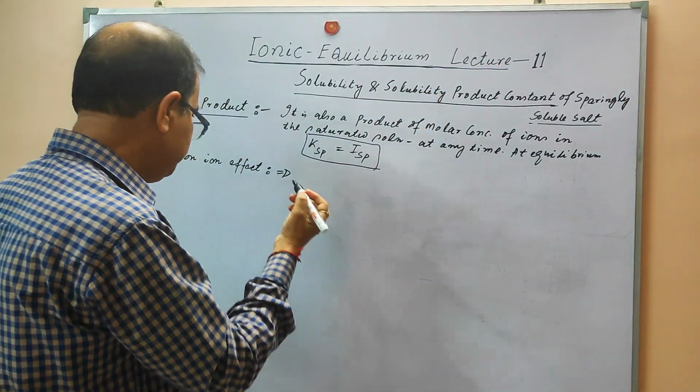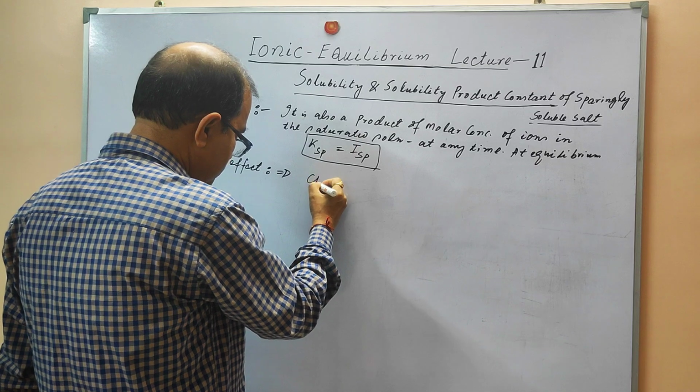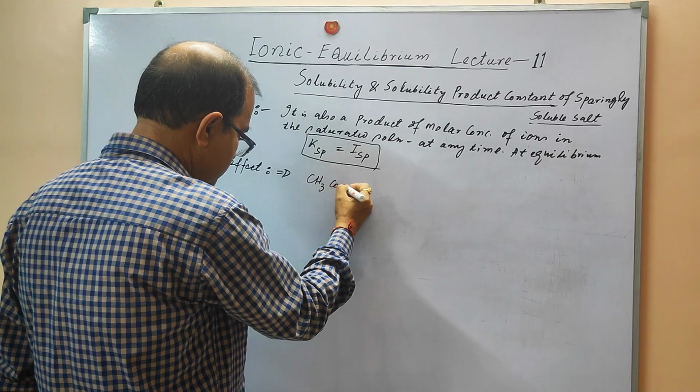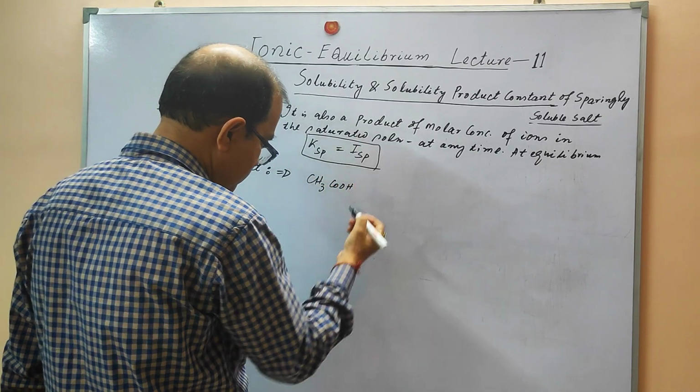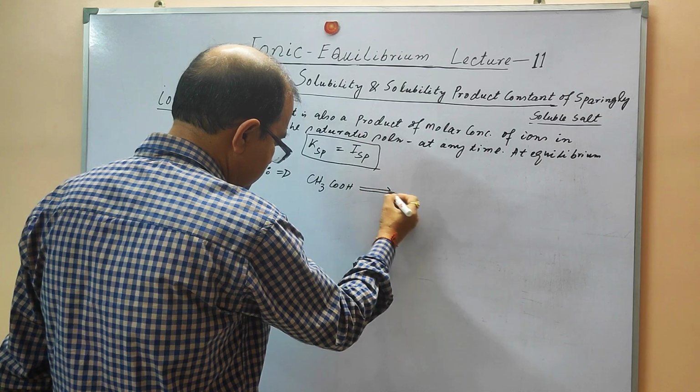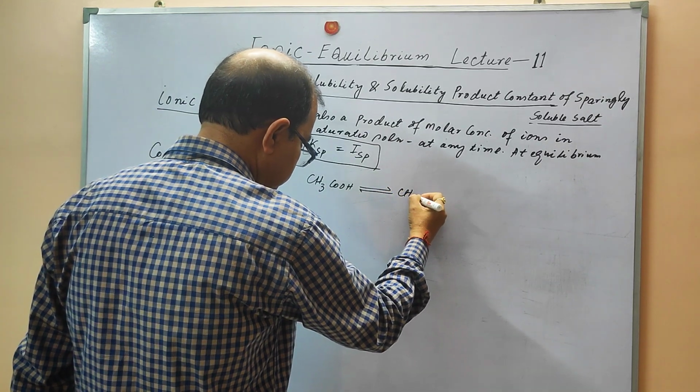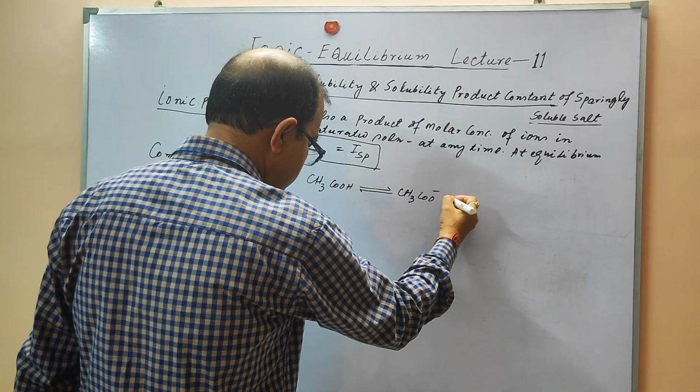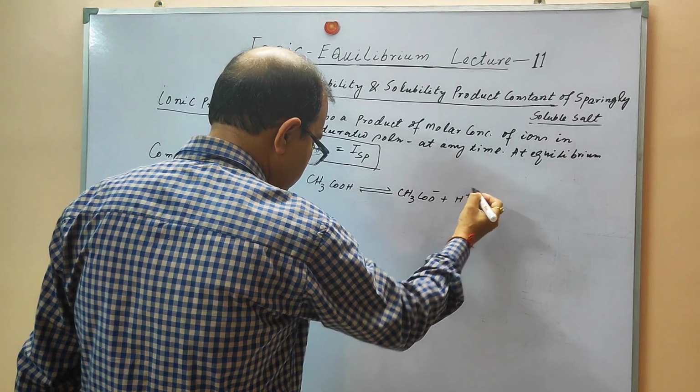As an example, suppose this is acetic acid. Acetic acid is a weak electrolyte and it dissociates this way, producing acetate ion and H+ ion.